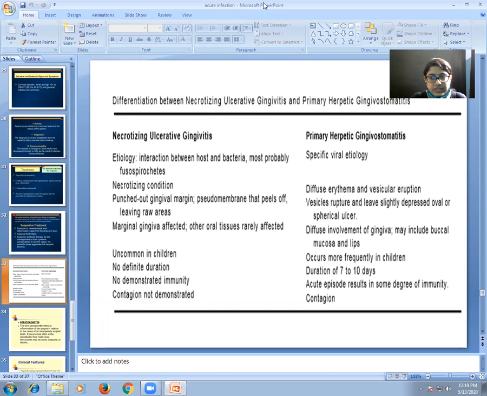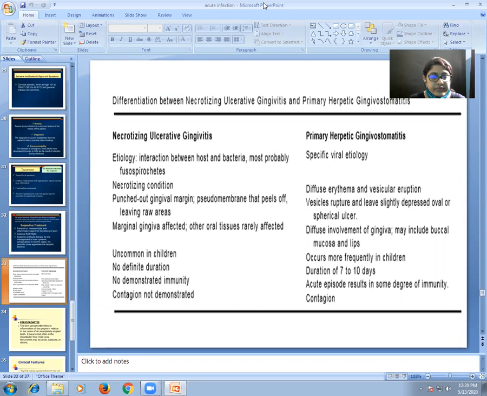After rupturing of the vesicles, it leaves oval or spherical shaped ulcers. Necrotizing ulcerative gingivitis is not common in children, while primary herpetic gingival stomatitis is most frequently associated with children.